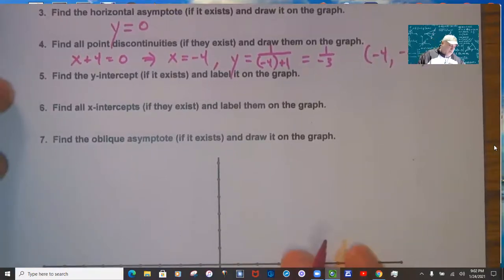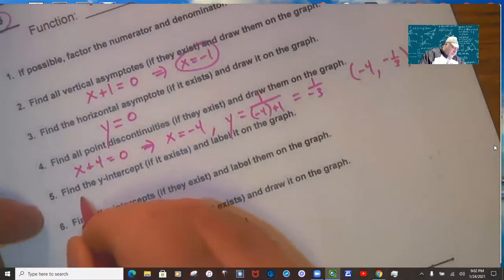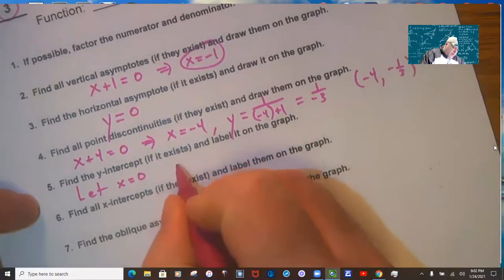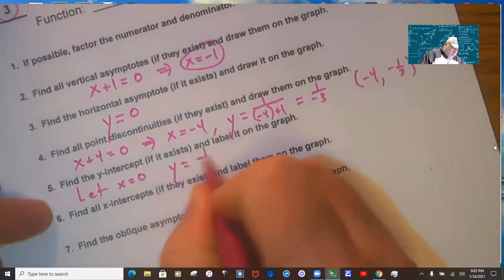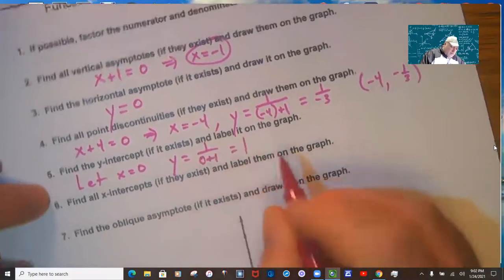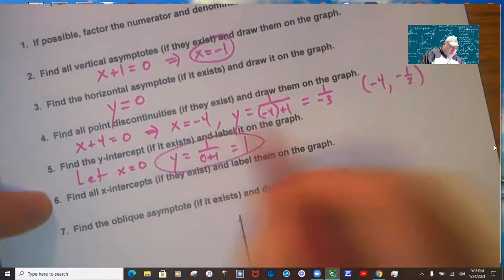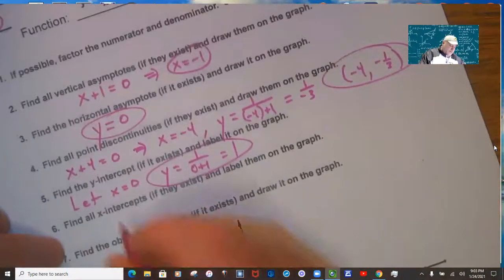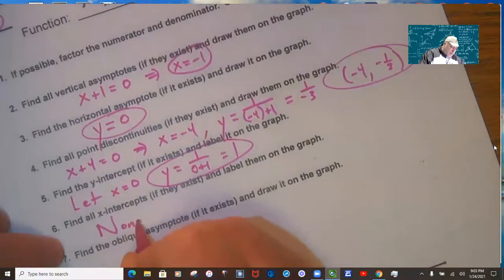Find the y-intercept. So this is where you let x equal 0. And so when we do that, we get 1/0 plus 1. So y equals 1 is that. Circle all the stuff here. Find all x-intercepts. There are none. So how do we know that?